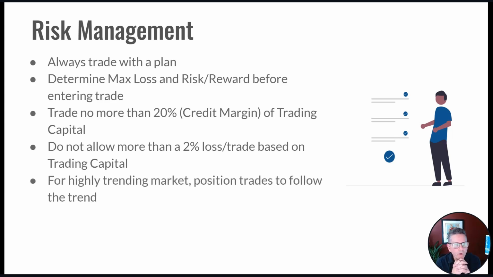Okay. So for trending markets, position your trades to follow the trend. In other words, if you have a market that's moving higher all the time, the best way to place that trade is to put on a put spread. Generally put spreads sit further from the market, as against call spreads, which are always closer to the market, and that way it's a cushion for you to be able to trade these.